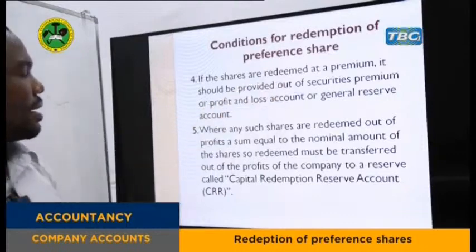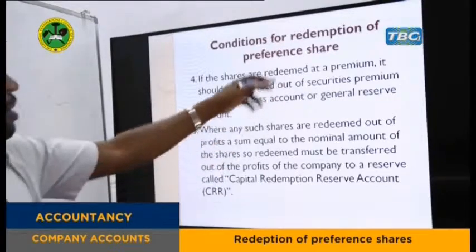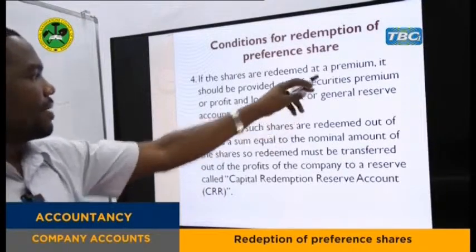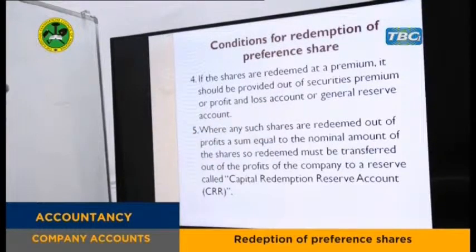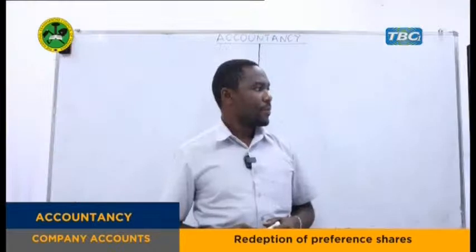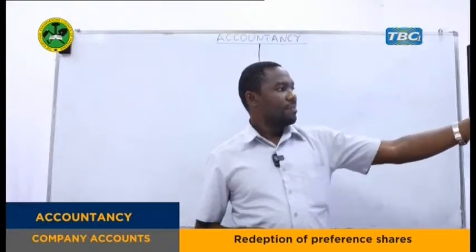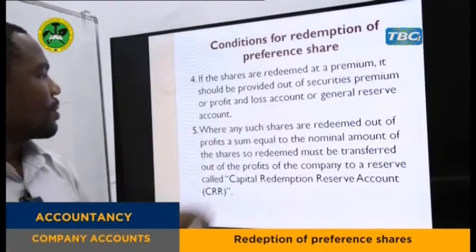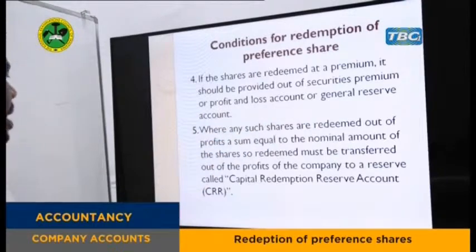When there is a premium account, there is premium available. So then the premium on redemption may be financed by this securities premium. Otherwise, the premium must be financed by the profit and loss account.